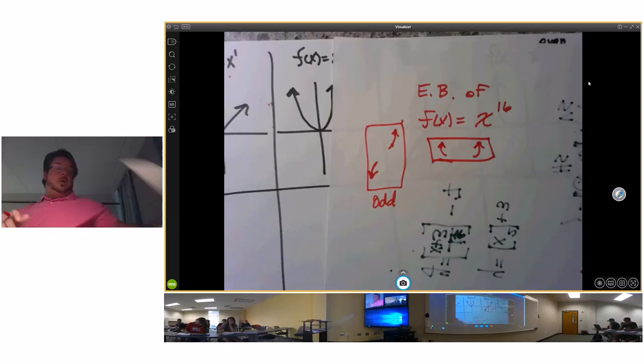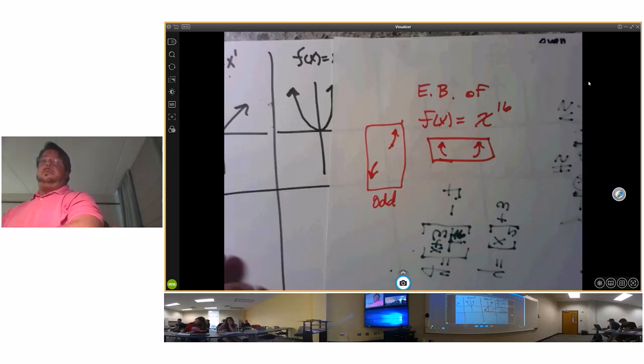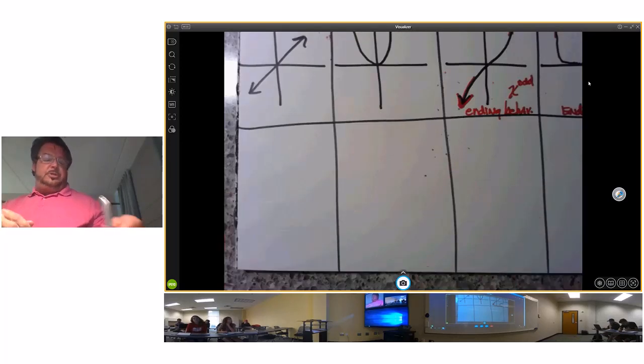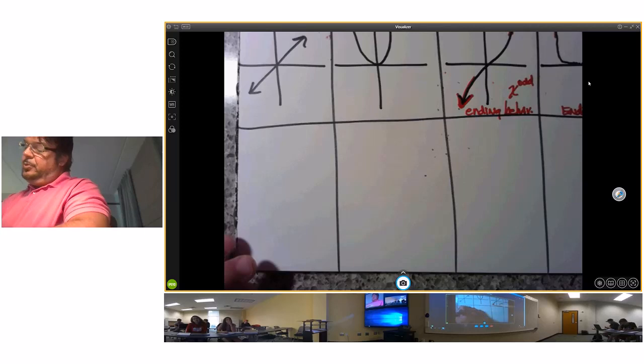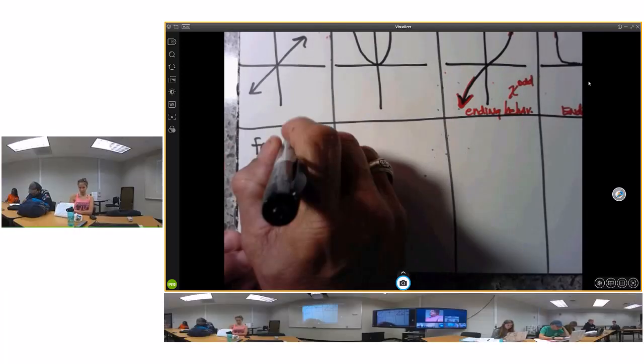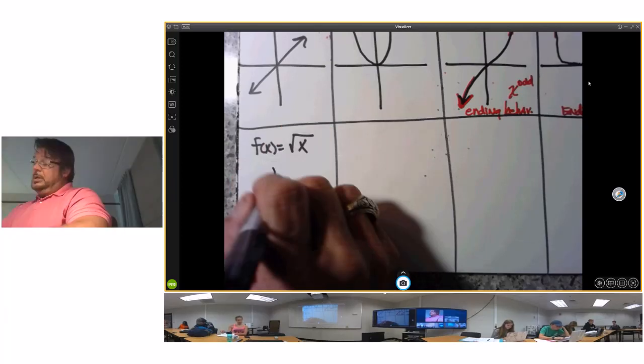Now, let's move down to the bottom. Now, I might get the next two mismatched. Sometimes I put one before the other, but it doesn't matter. I think the next one is f of x is equal to the square root of x. Yes, sir. And that's the line that goes to the right.